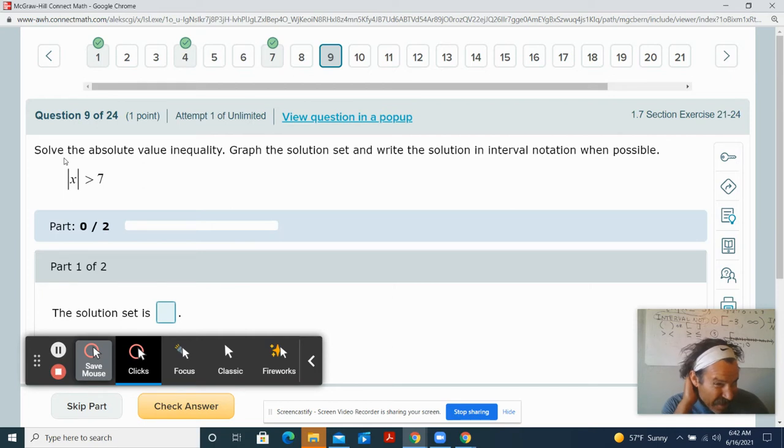Okay, so let me make a little example here that's non-mathematical. If I asked you to name a city that's more than 7 miles away from, let's see, I'm in Rockland, so a city that's more than 7 miles away from Rockland, and we'll say you got to be on I-80. So if you're on Interstate 80 and you need to name a city more than 7 miles away from Rockland, you could say Reno.